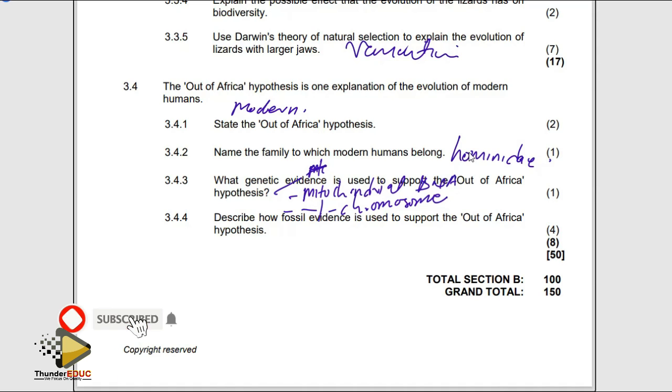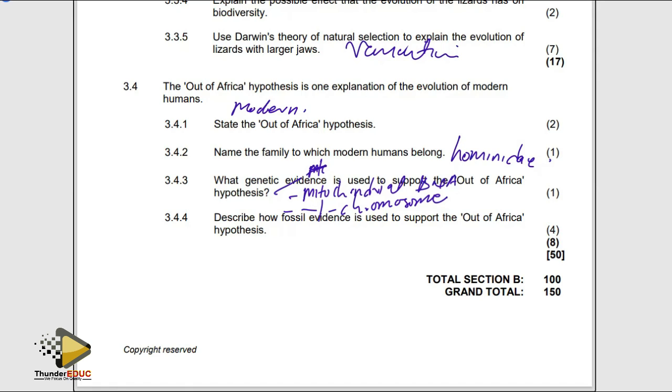You can just talk about one or two. So Ardipithecus discovered in Africa. Australopithecus species discovered in Africa, for example Taung child, Mrs. Ples. Then you go to Homo habilis, discovered in Africa. Homo erectus, the oldest, and Homo sapiens, discovered in Africa.